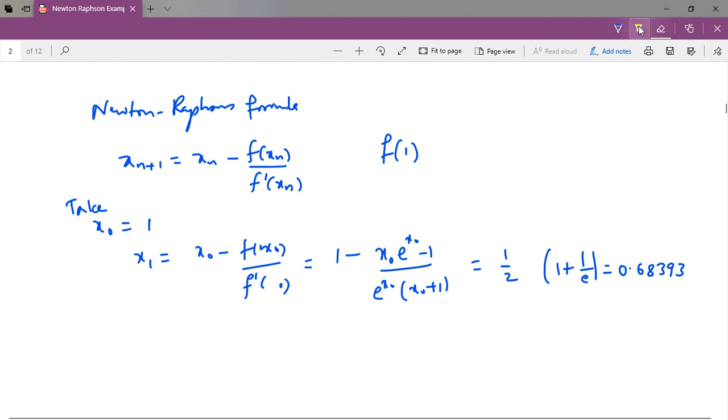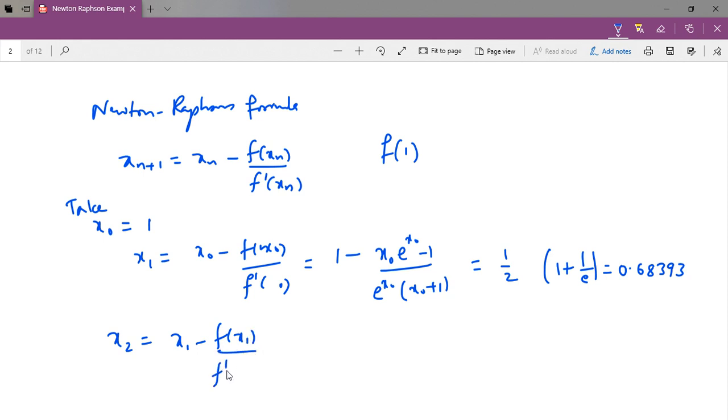So now go for x2. So x2 is equal to x1 minus f of x1 divided by f dash of x1. Each time you have to calculate f of x1 and f dash of x1. So f of x1, that is f of 0.68393, gives you 0.35534, and f dash of x1 is 3.3370.